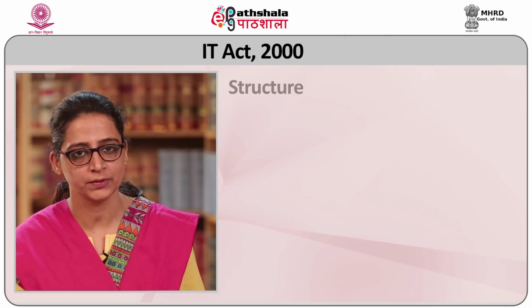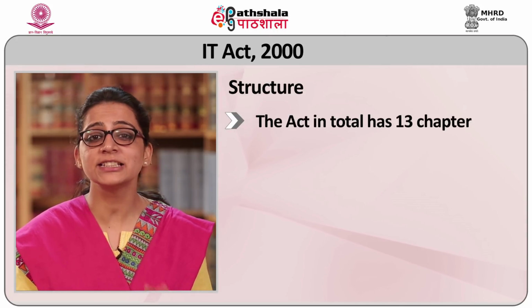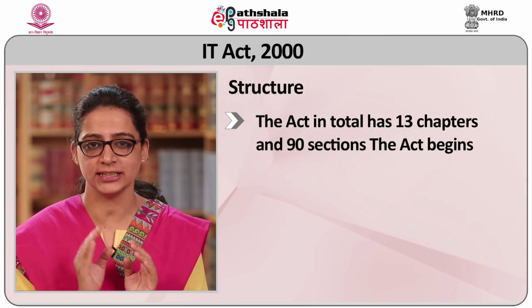Next, we move to discuss in short the structure of the Information Technology Act 2000 as amended in 2008. The Act in total has 13 chapters and 90 sections.